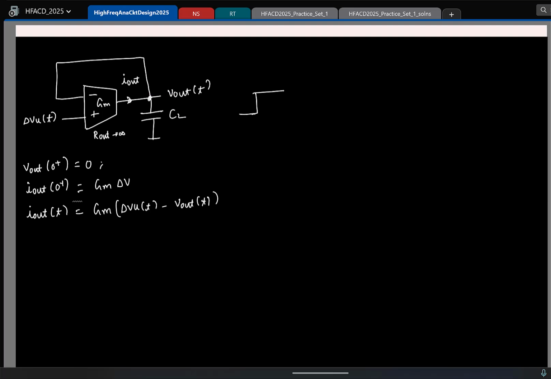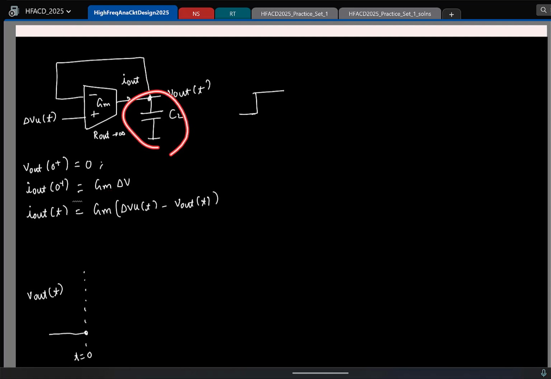Okay. Great. So now let me try to sketch V out of t. The x-axis is time. I'll not show it explicitly. So let us say V out is 0 and this is t equal to 0. At 0 plus it is still 0. So this is V out of t. And at 0 plus I have a current GM delta V pushed into the capacitor.